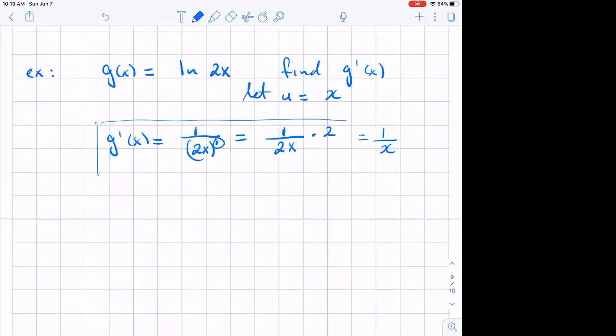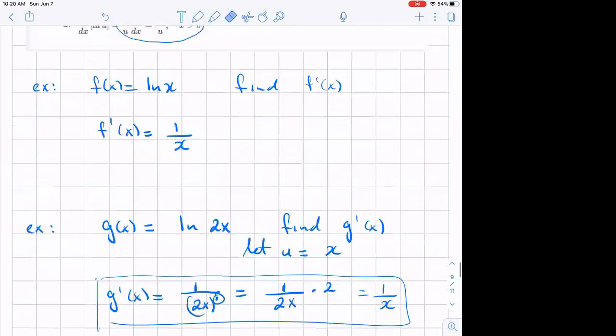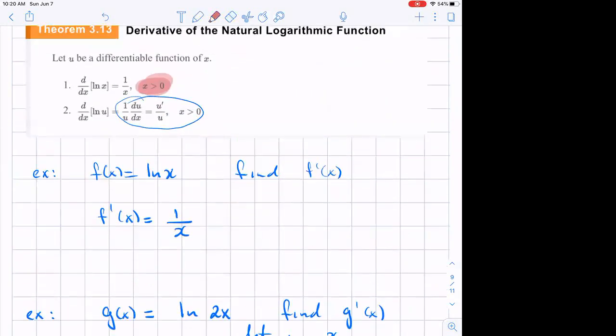So if you want to redo it, we can say that g prime is equal to u prime over u.